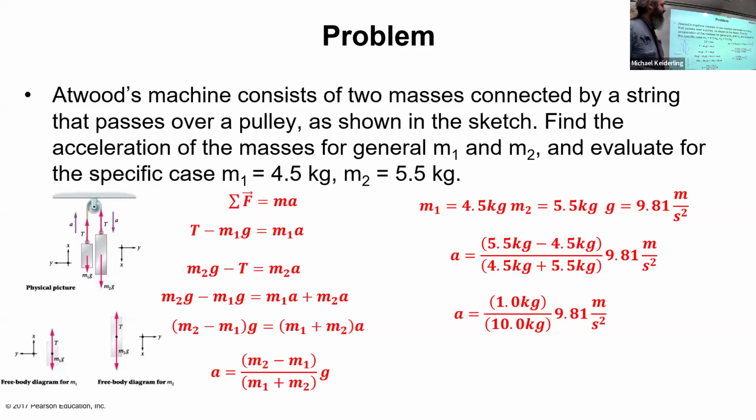We have 1 kilogram over 10 kilograms times 9.81 meters per second squared, the difference over the sum, which comes out to 0.98 meters per second squared. Any questions? So that's Atwood's machine.